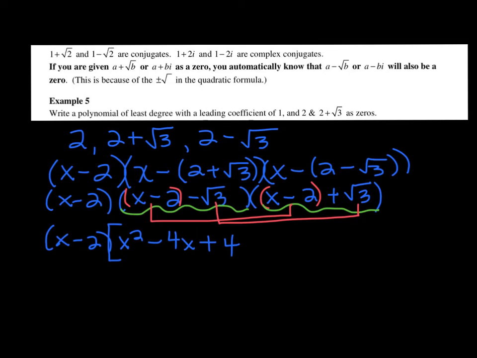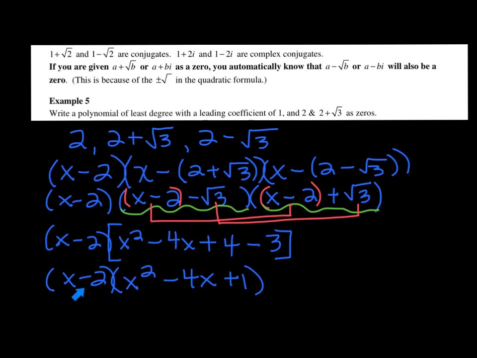Remember, if I multiply the square root of 3 times the square root of 3, I get 3. So I get minus 3, not 9. This turns into x squared minus 4x plus 1.